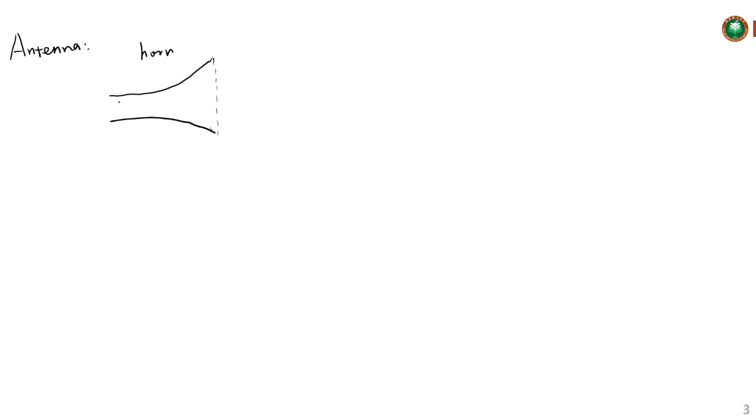If you have used Horn antennas for your research work, you will see that on one side, this is the aperture. And on the other side, it connects to the generator.